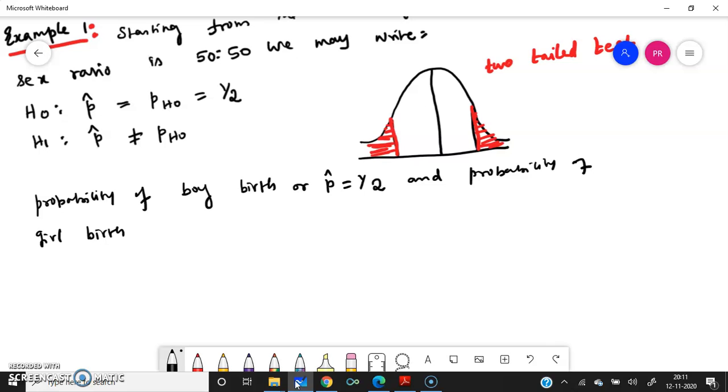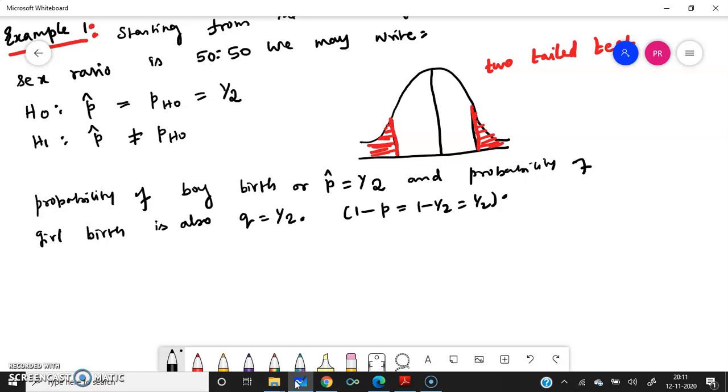Now we'll talk about the girl's birth, that is Q. Girl birth is also Q equal to half, right? That is 1 minus P. 1 minus P is 1 minus half, that is equal to half, right?